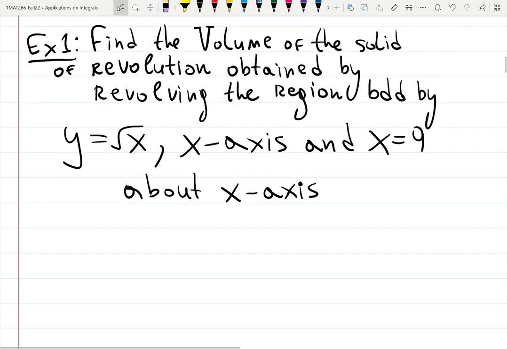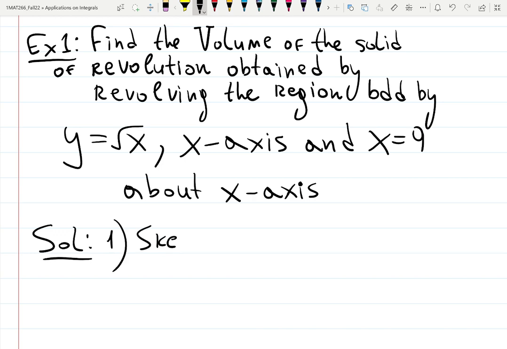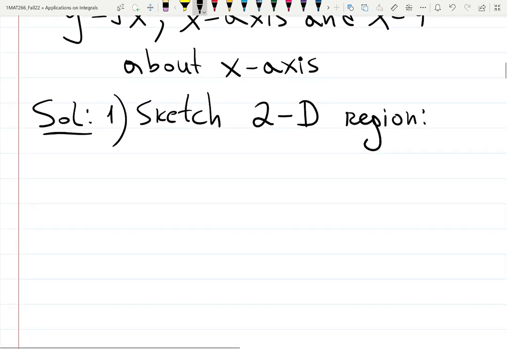So actually it becomes pretty complicated at some point. Let's sketch the graph for you to imagine the situation. Solution. Step 1. Sketch the graph. Sketch which graph? The 2D graph or region. Because then it's going to be 3D at some point. And now check it out.